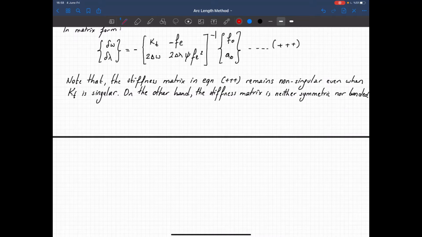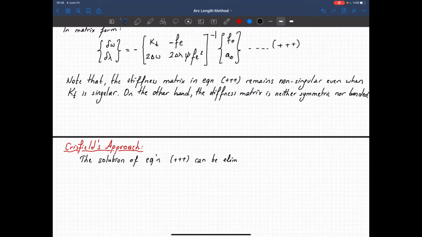Now let's take a look at the Crisfield solution to this problem. So the solution of equation 3 plus can be eliminated with the alternative formulation.